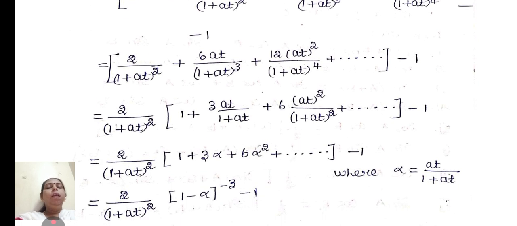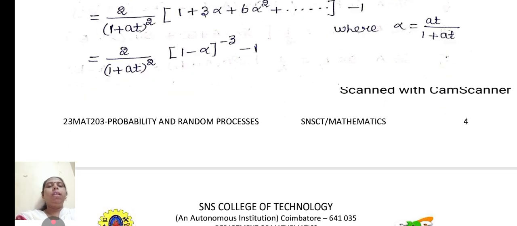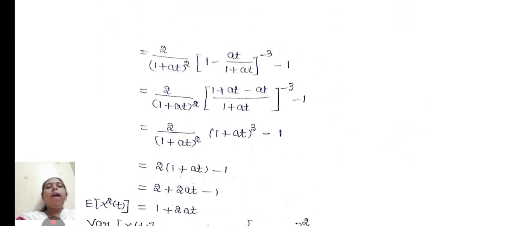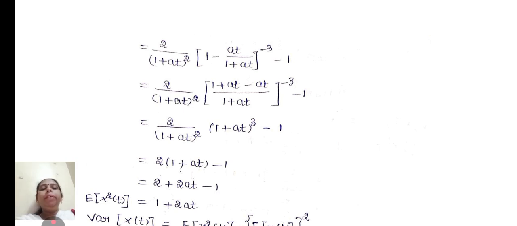minus 1. Let us now denote at by (1 plus at) as alpha. So we get 2 by (1 plus at) squared times (1 plus 3 alpha plus 6 alpha squared etc.) minus 1. The result of this series is (1 minus alpha) to the power minus 3. Now substitute the value of alpha: 2 by (1 plus at) squared into (1 minus at by (1 plus at)) to the power minus 3, minus 1.